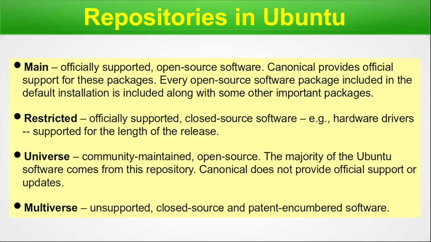So those which are not supported by Canonical, or are closed source, or have some patent, all those software will reside in the multiverse repository. I'll show you in Ubuntu where you can see all these repositories later in the hands-on episode. So just for your knowledge, think of main, restricted, universe and multiverse. The main is by Canonical and the universe is by the community. The rest of the things are closed source. We are done with this slide.